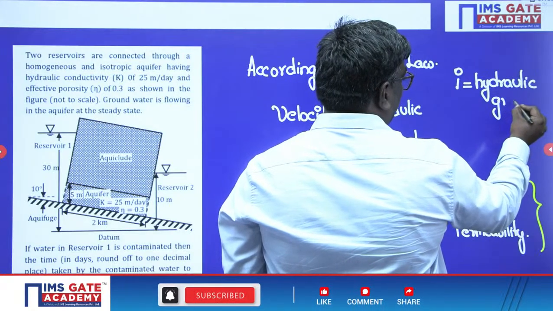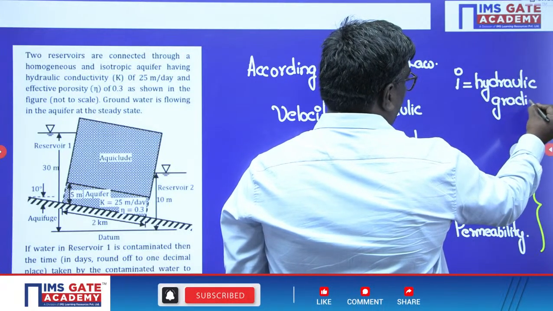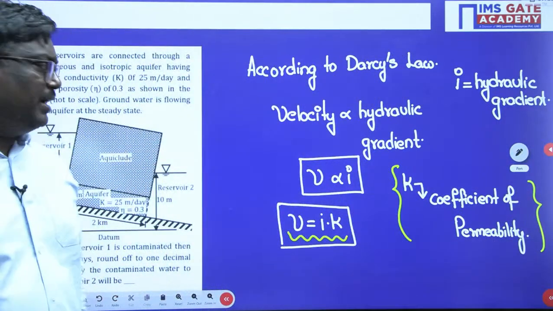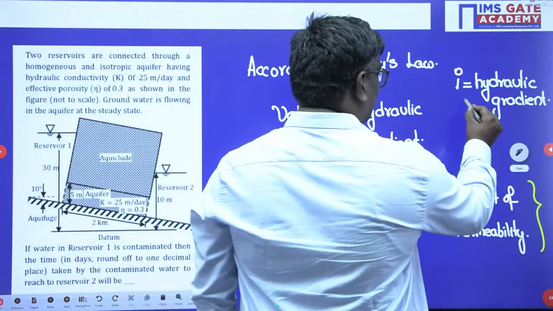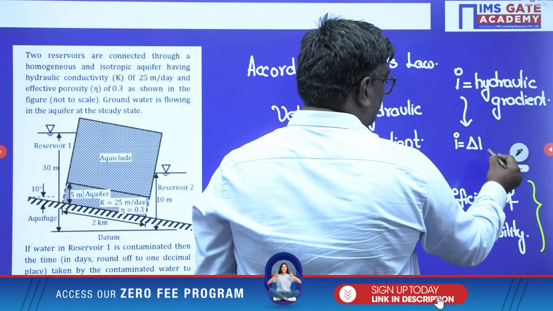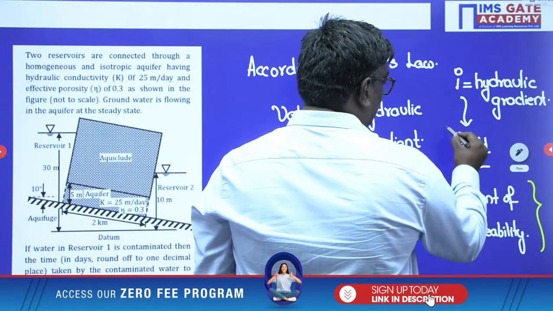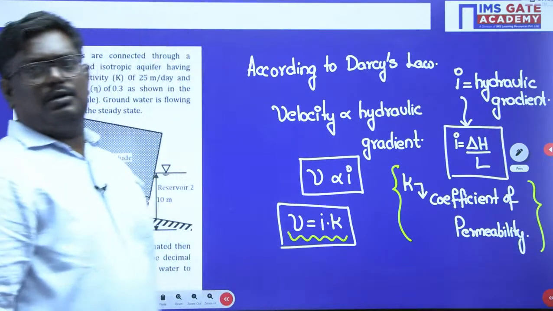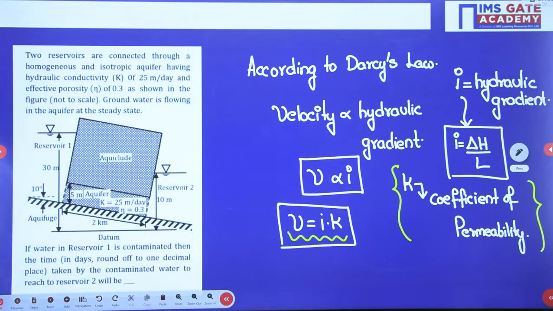So what do you mean by hydraulic gradient here? I is equal to delta H upon L. Agree?